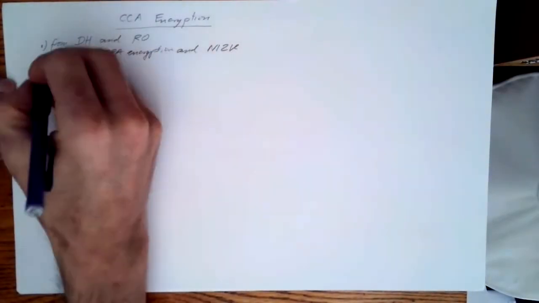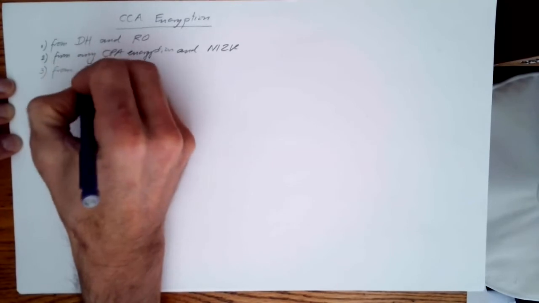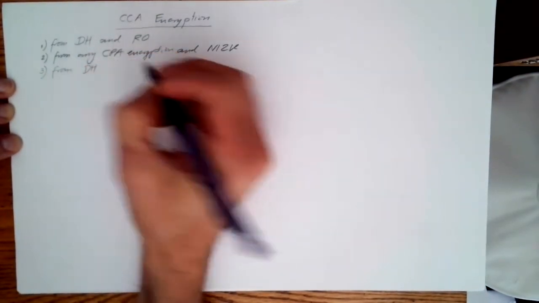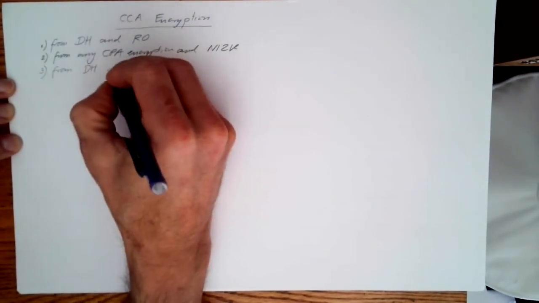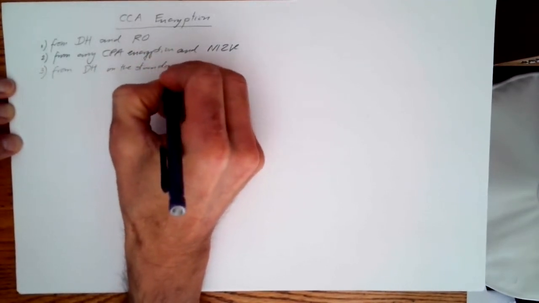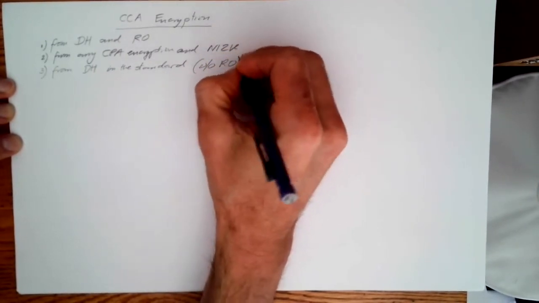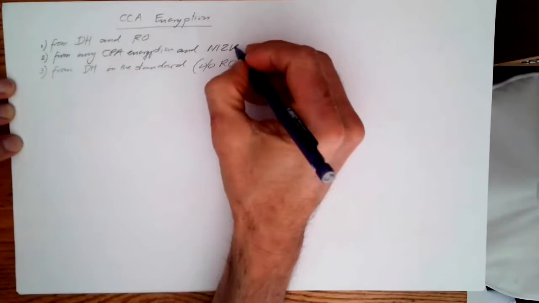And eventually, we would like to do it from Diffie-Hellman in the standard model, so without RO, and without non-interactive zero knowledge.